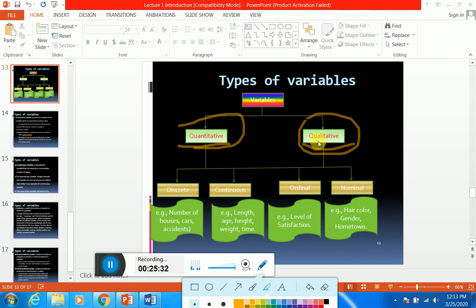When we are talking about qualitative or quality, say, our friendship is 2 kg. Is it appropriate? No, it's not appropriate. Color, feelings, satisfaction, responsiveness, loyalty, motivation: these are qualitative variables.